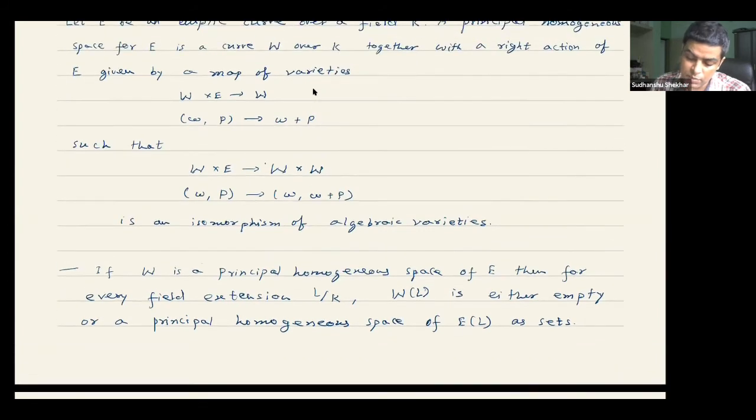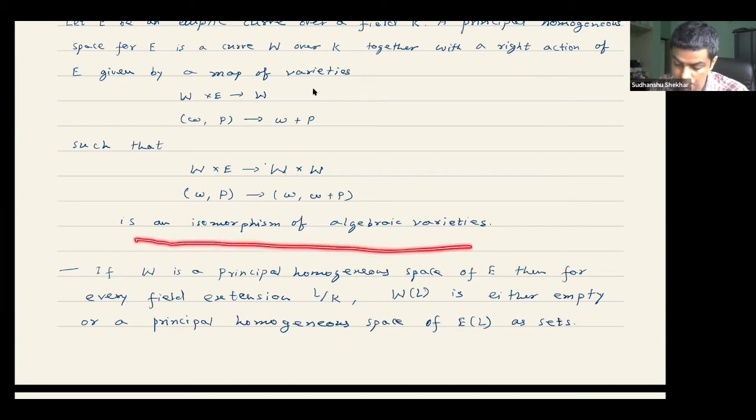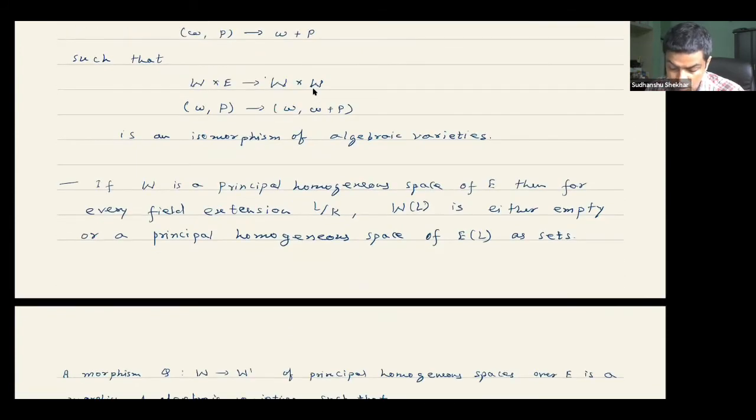So this definition is similar to what we had for sets. The only thing here is that we demand the morphisms to be not just morphisms of sets or valued points, but also morphisms of algebraic varieties.